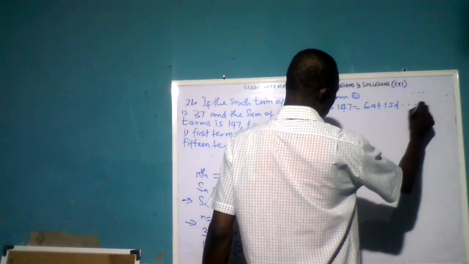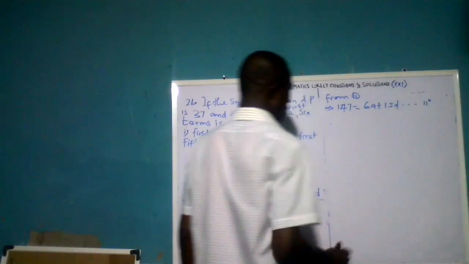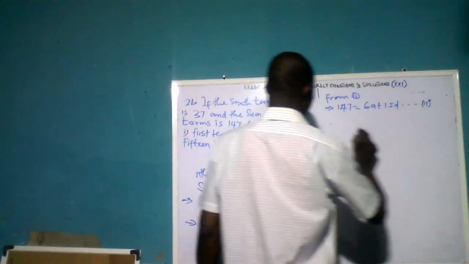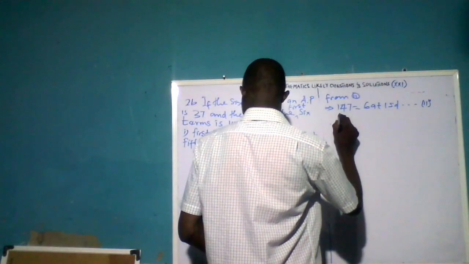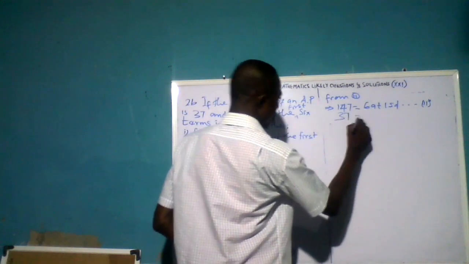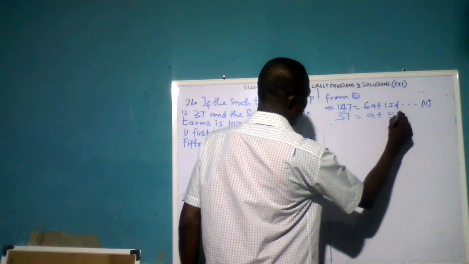Call it equation 2 asterisk. So bring back equation 1 here, so that you have 37 equal to a plus 5d.